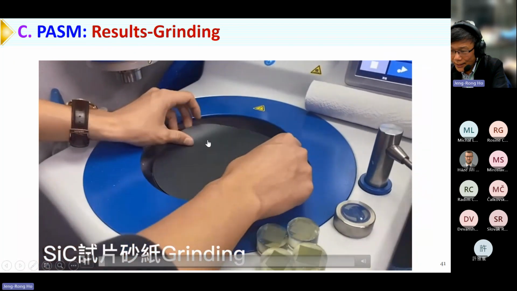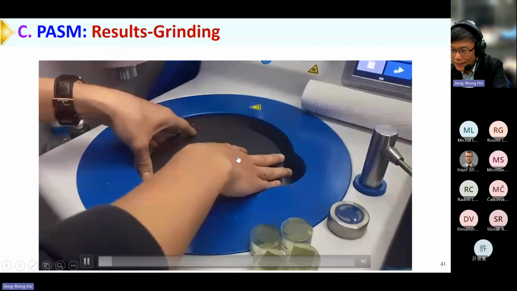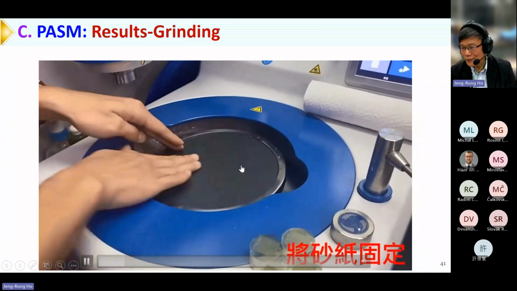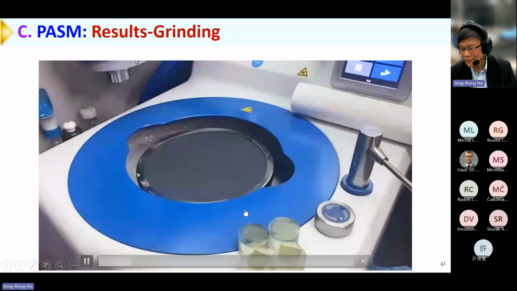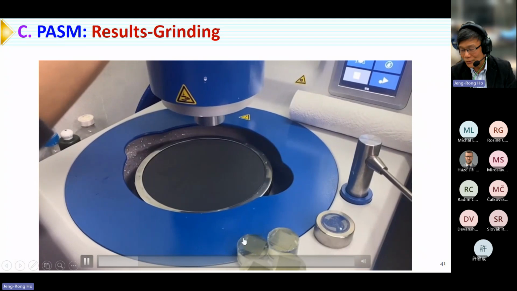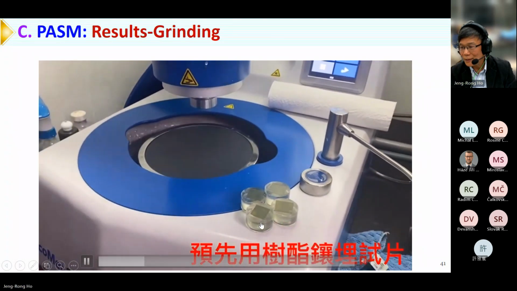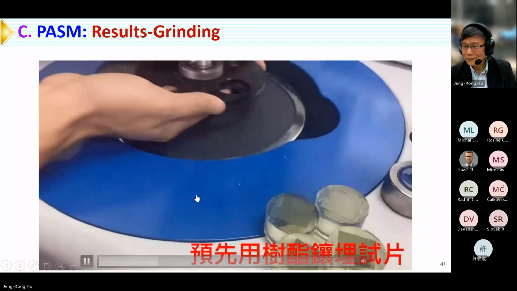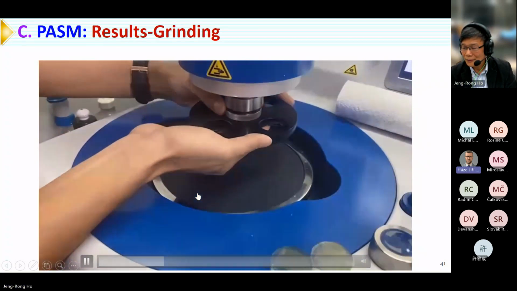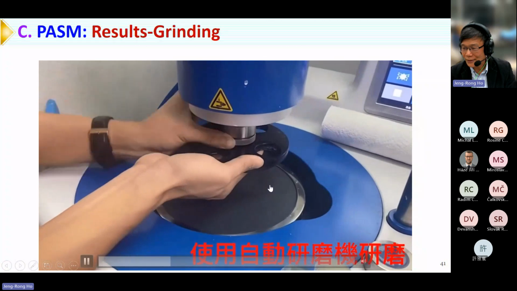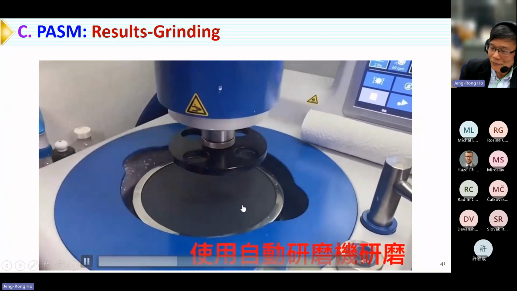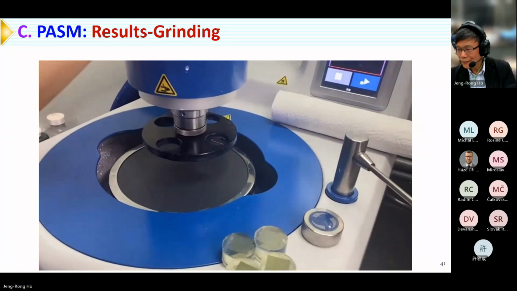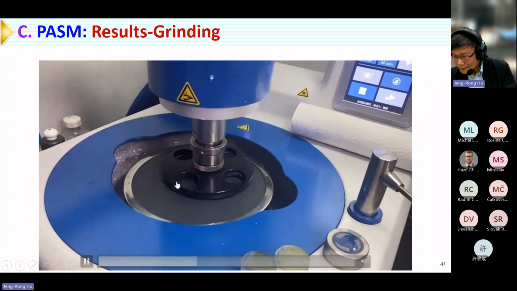Now we use 3M sandpapers, fixed, and the samples are initially embedded. The size is about 2 centimeter by 2 centimeters. This grinder is for mechanical materials experiments, so that's a very normal grinding machine.